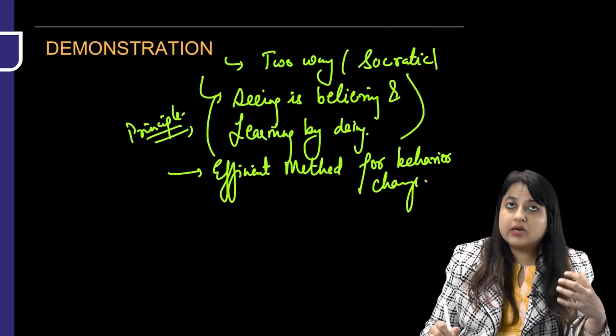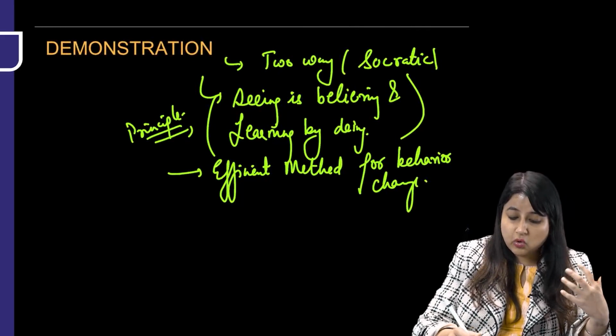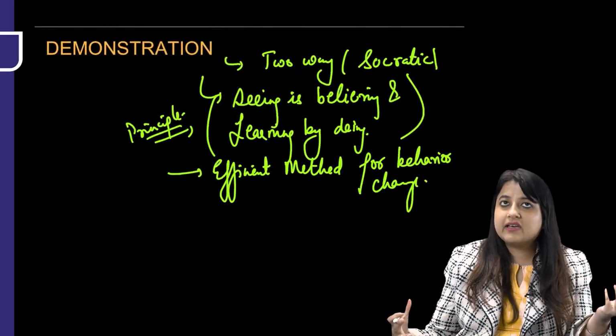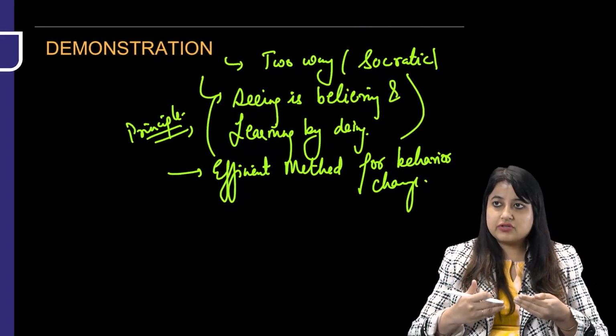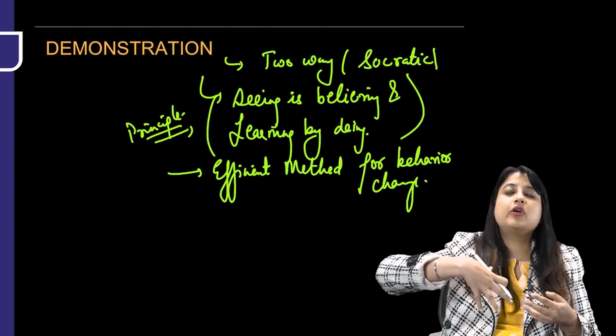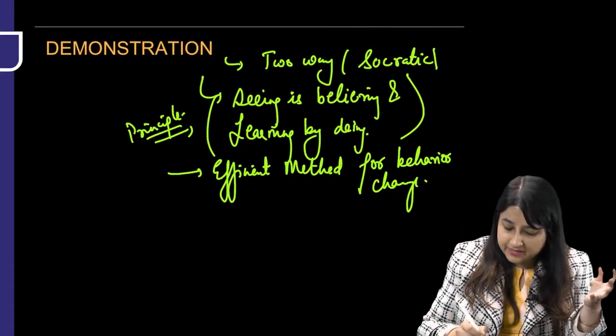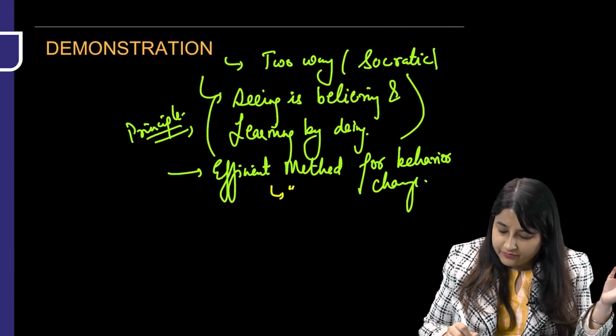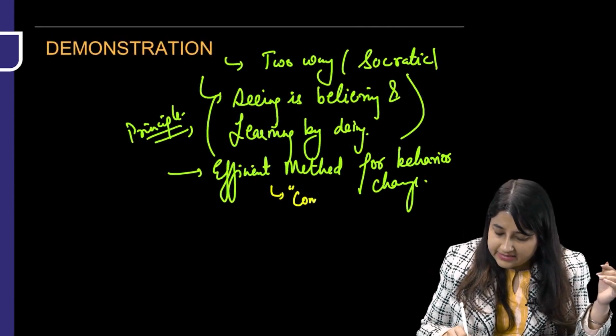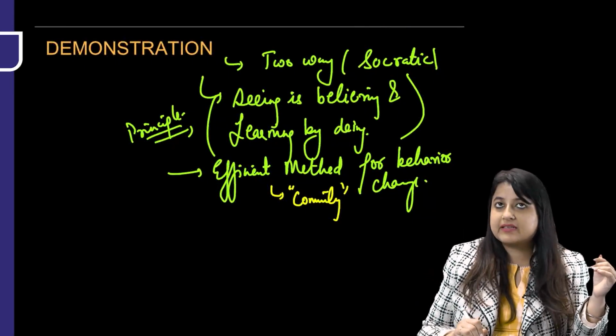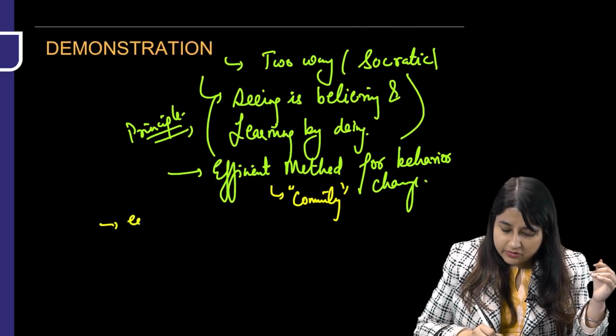Now when you go to a community, you want them to learn a technique, you first demonstrate and then ask someone from the community to come and do the same thing. So it's an efficient method of behavior change because it is involving community participation. So what can we use?